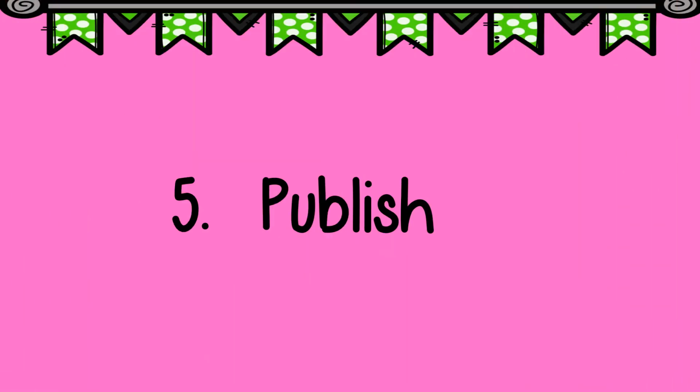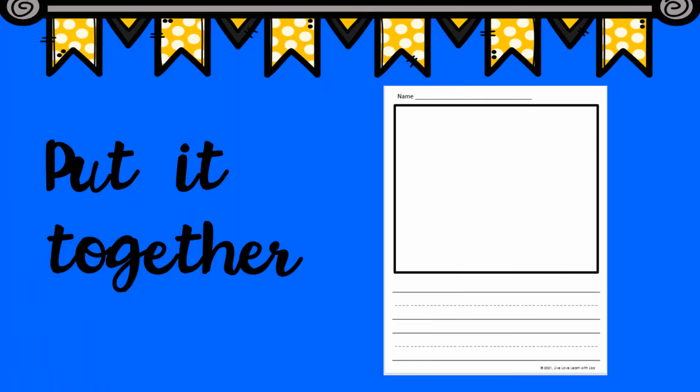Step 5 is to publish. You are done with your story and now you are ready to publish it so somebody else can read it. So you are going to put all your pages together. Now don't forget, I already have these for you in my TPT store, so all you have to do is print it out for your beginner writers.